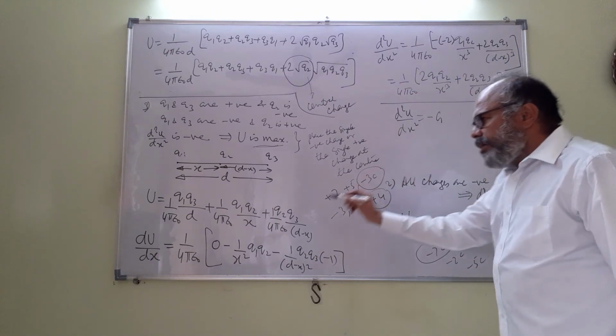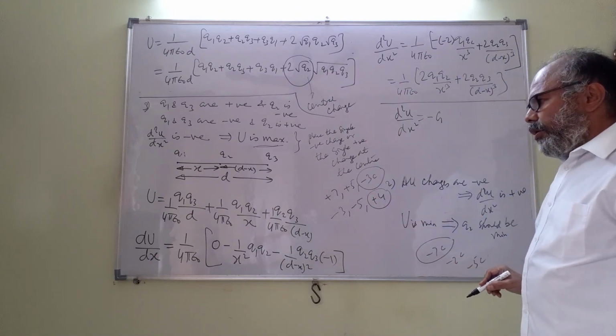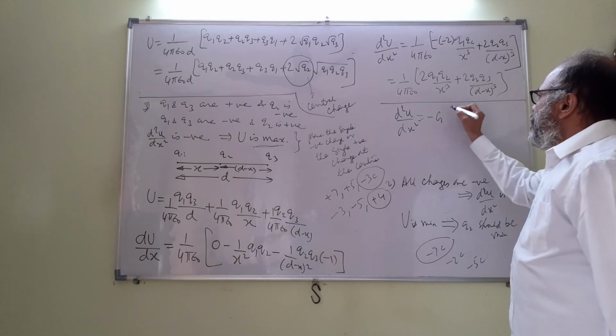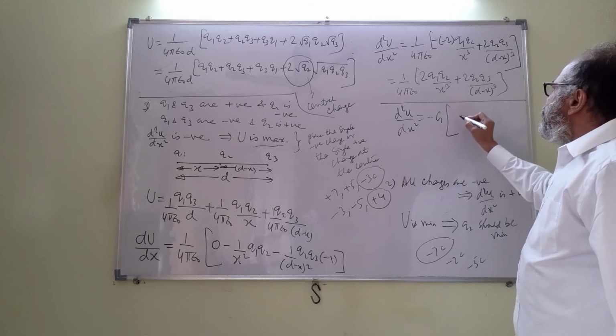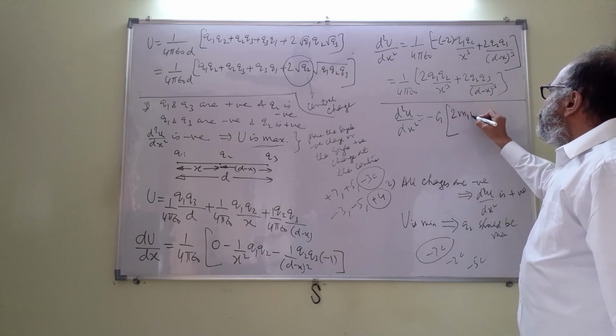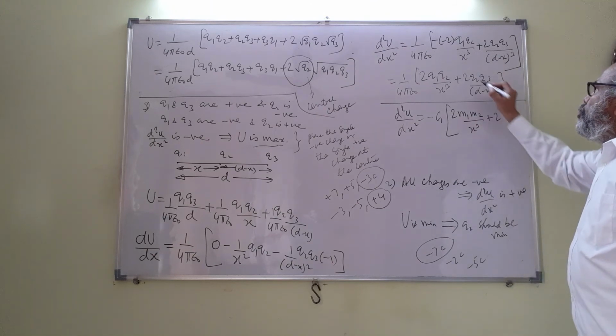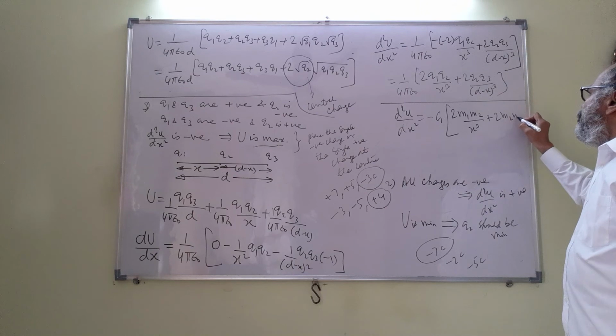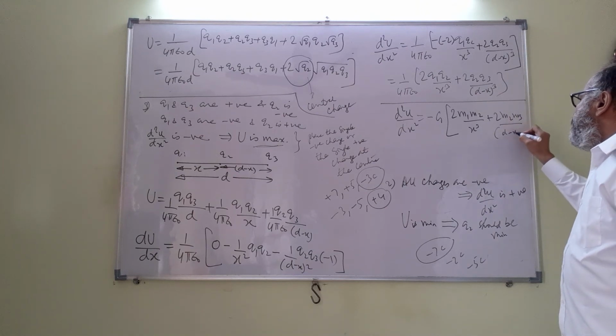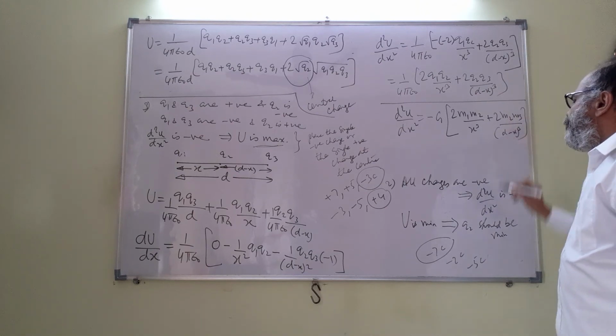So we are just replacing 1 by 4 pi epsilon naught by minus G, and therefore you will have 2 m1 m2 by x cube plus 2 m2 m3 by d minus x the whole cube.